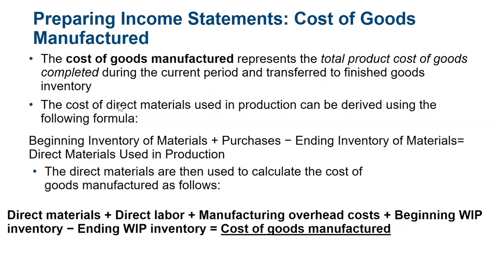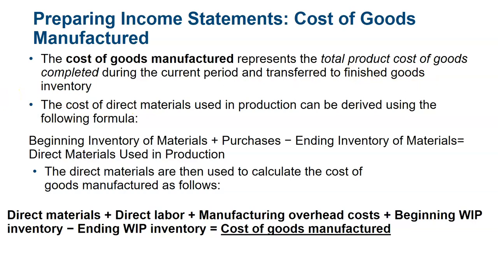I want to tell you that what you have dealt with in your financial accounting courses when it comes to inventory, you were dealing with finished goods inventory. It's just that you called it simply inventory. For a merchandiser, inventory is finished goods inventory.